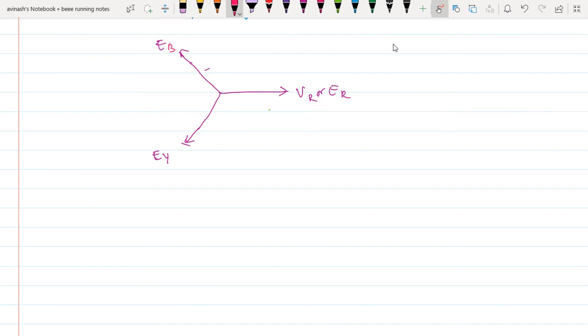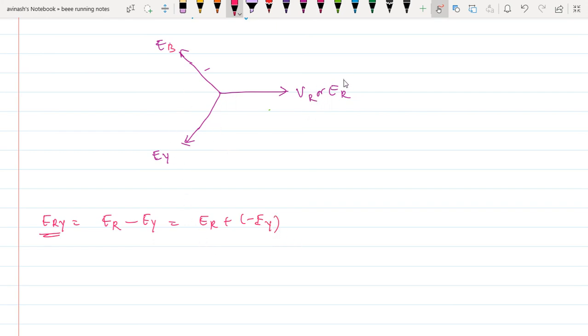Now, to get the value of ERY, the voltage across the R and Y phases, the line voltage, is nothing but ER minus EY. This can also be written as ER plus minus EY.